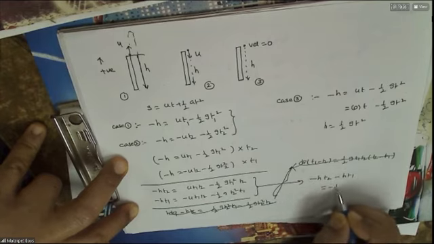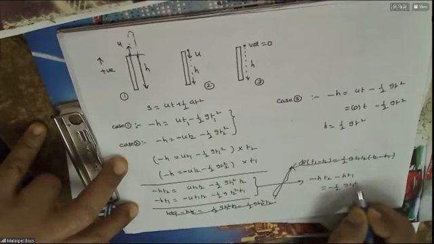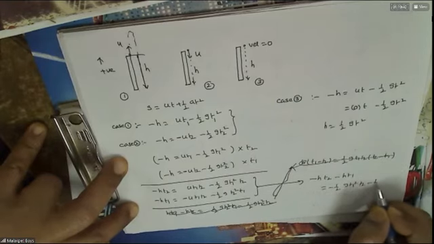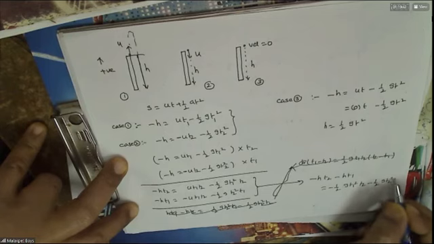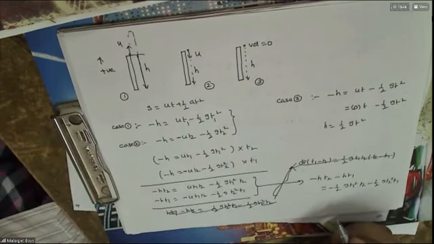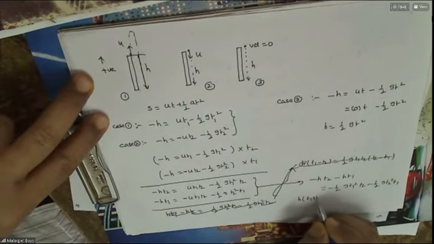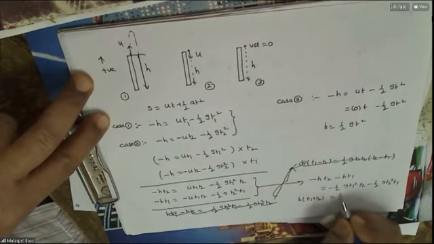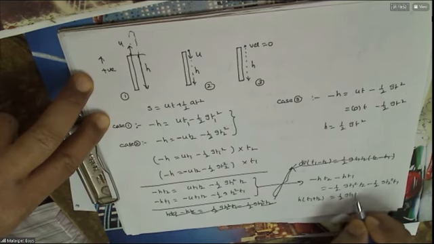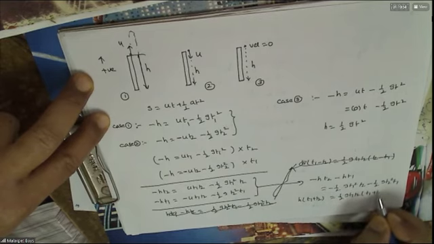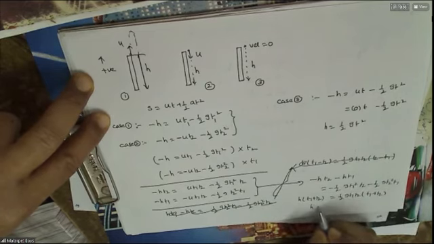When you add them, you will get minus half, so this is nothing but h. So what is h you got?